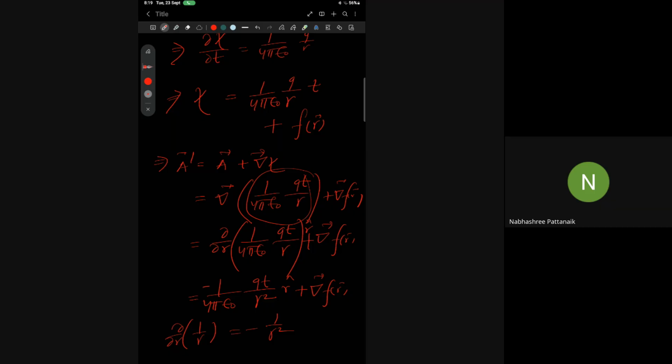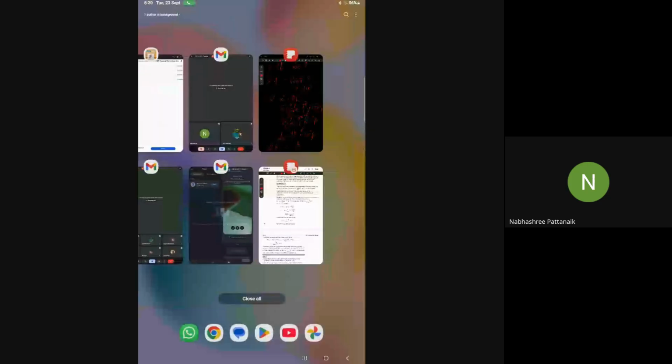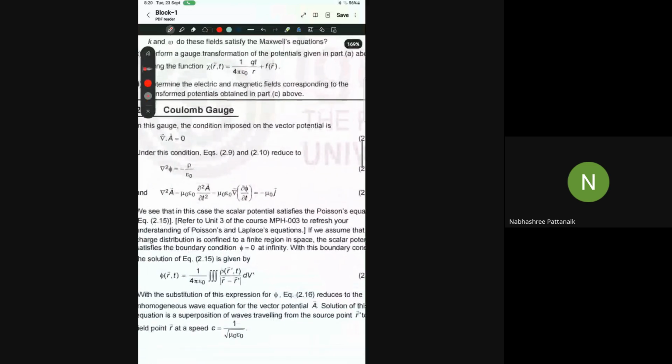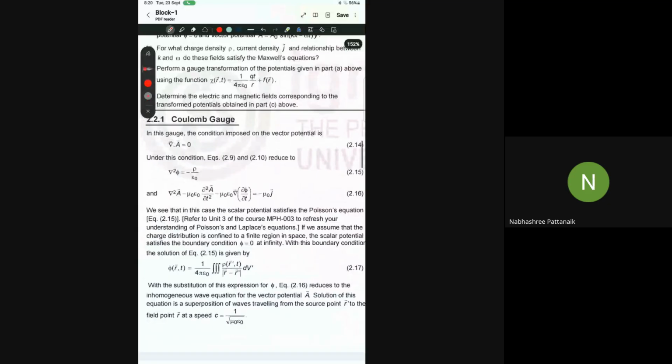For example, let us come to the Coulomb gauge. In this gauge, the condition imposed on the vector potential is del dot A is equal to 0. We have discussed earlier that we can choose the vector potential according to our wish.